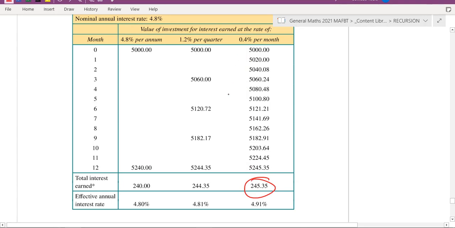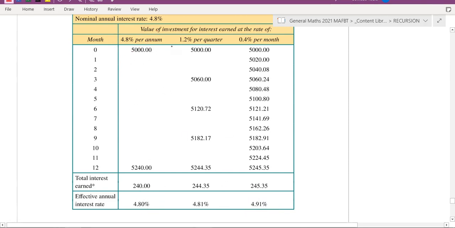So you can see that there is a $1 difference, although it's not that much, compared to your quarterly compounding. Generally, the more compounds you do, the greater the interest, and you can see that the effective rate is greater than the original nominal rate.